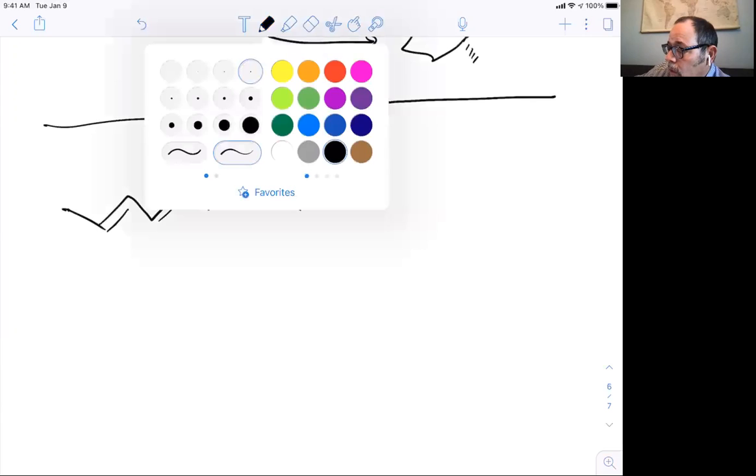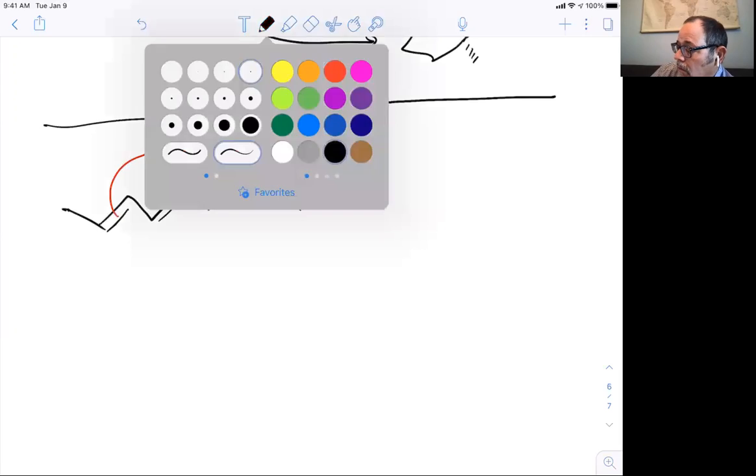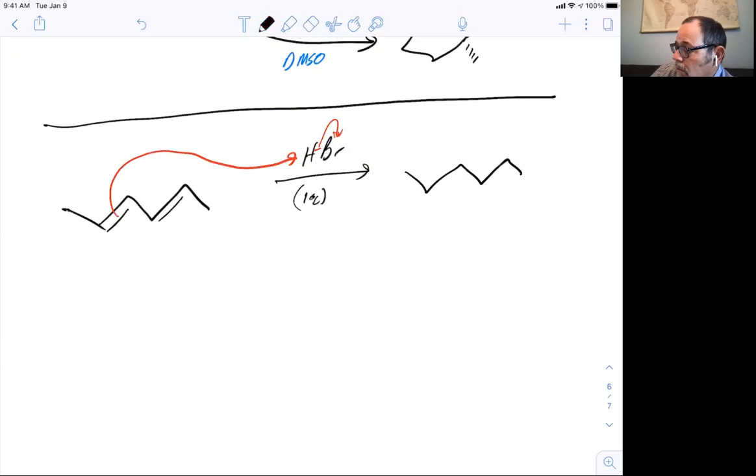Where some students had problems on the quiz is the first reaction here, protonation, so we get a proton addition. But this is symmetric, so it's got two possibilities.